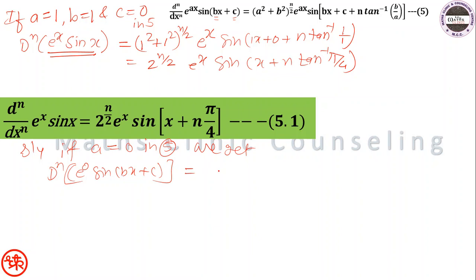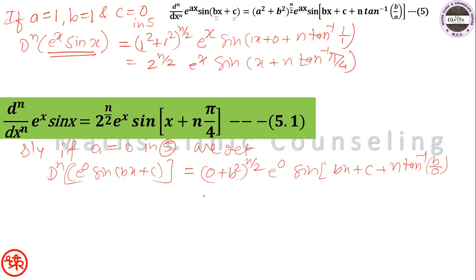So it is equal to 0 plus b square raised to the power n by 2 e to the power 0 sin bx plus c plus n tan inverse b by a, with a equal to 0.